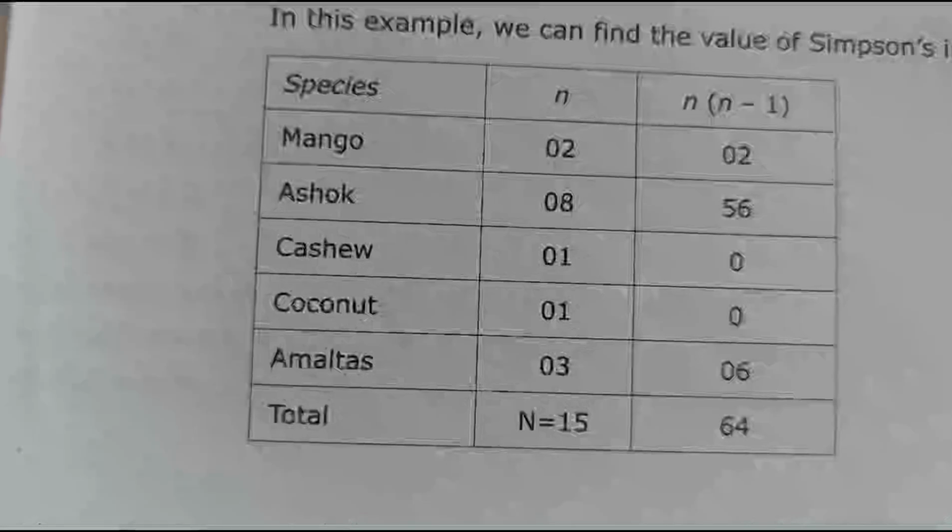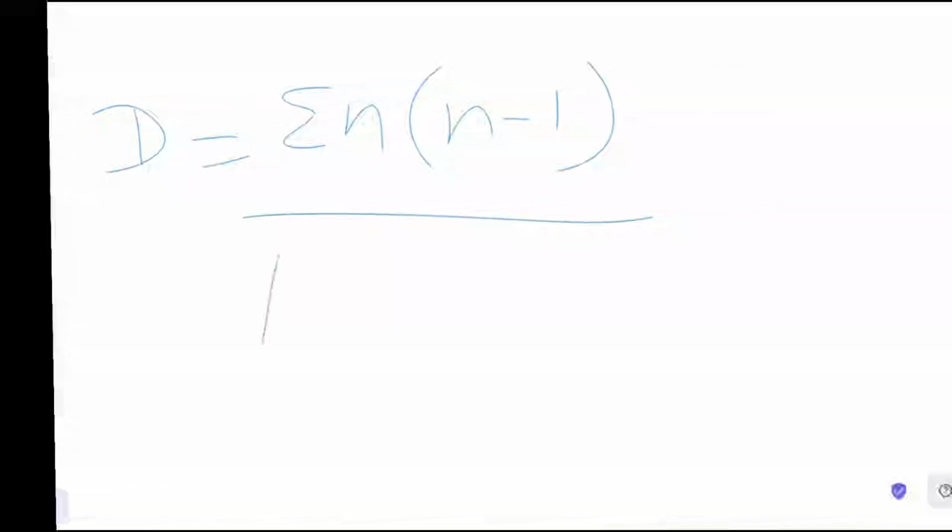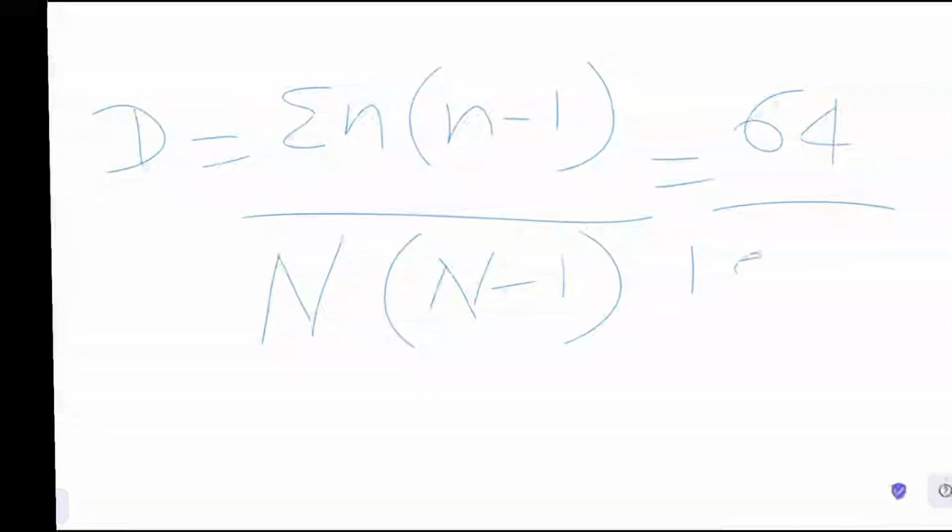So here we will put up the formula, which is D is equal to the summation of n in bracket n minus 1 upon capital N in bracket N minus 1. So that comes out to be 64 upon 15 in bracket 15 minus 1, that is 14.